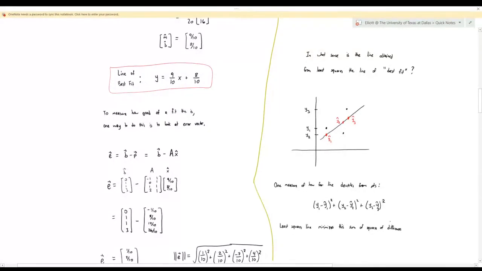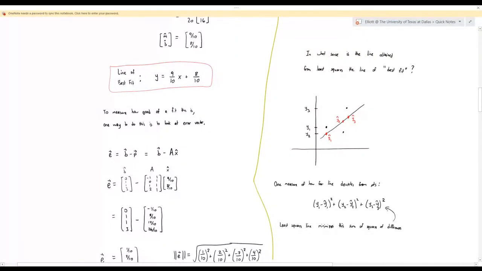That's the sense in which the least squares line is the line of best fit. It's the line that minimizes that quantity.